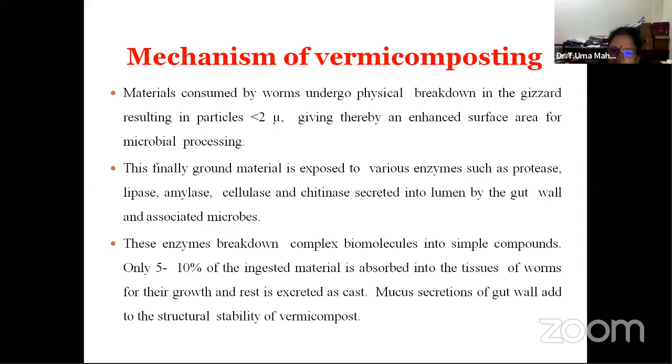When organic waste is fed on by the earthworms, it goes into the alimentary canal, where within the gut of the earthworm the food undergoes digestion. Similarly, here also within the alimentary canal of the earthworms, many enzymes like proteases and lipases, just as we get our food digested, digest it and mix with the food material, and then nutrients are absorbed and the excreta is released.